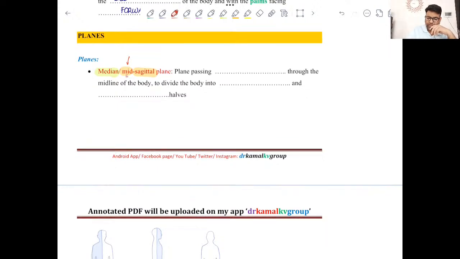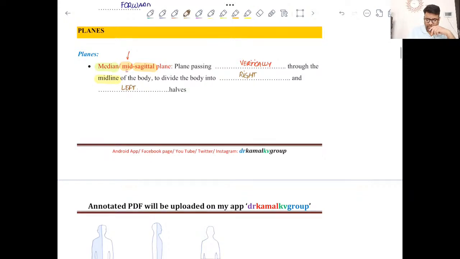So it is a vertical plane, of course, like this, through the midline of the body, and it divides the body into right and left halves, right? So a plane dividing the body into two equal parts, left and right, is the mid sagittal plane.